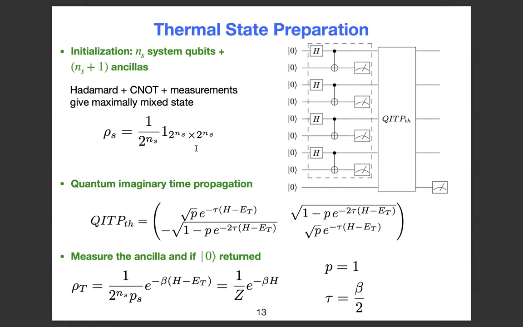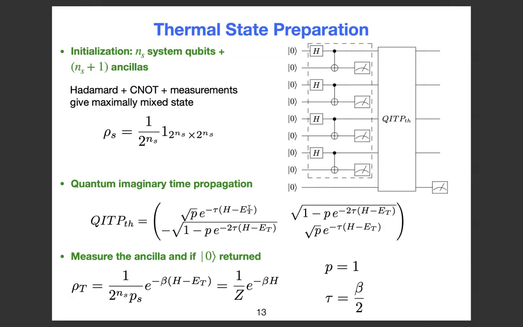And then we do quantum imaginary time propagation, trying to cool that infinite temperature state. To realize this quantum imaginary time propagation, we need to introduce another ancilla qubit, which is shown at the bottom of this plot. Then we just do a joint evolution between the system qubits and these extra ancilla qubits according to this unitary operator here.